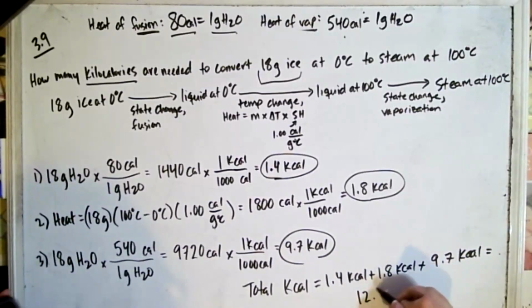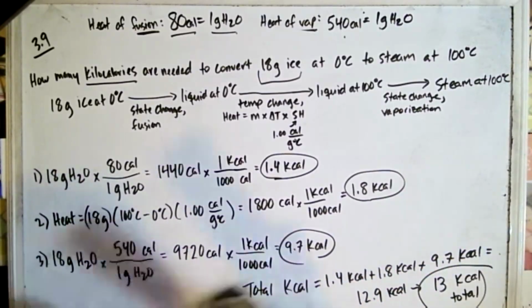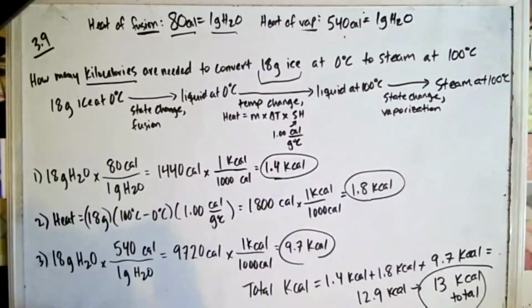So it's going to be 12.9, which with 2 significant figures is going to be 13 kilocalories total. Okay. And that's that for chapter 3.